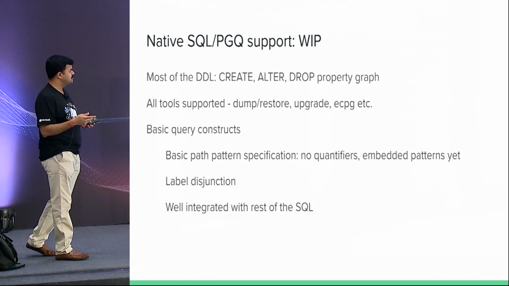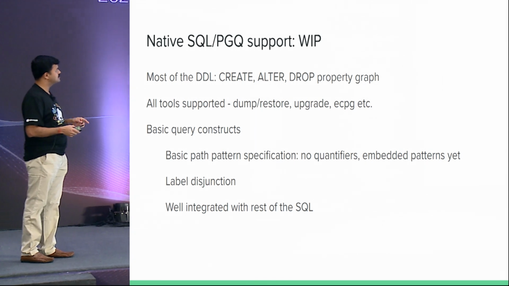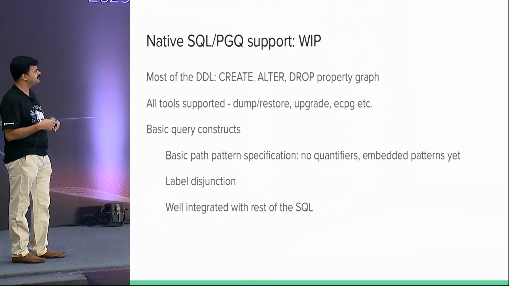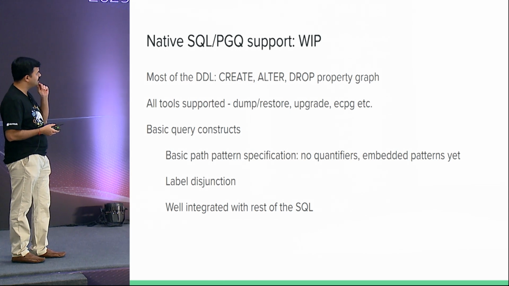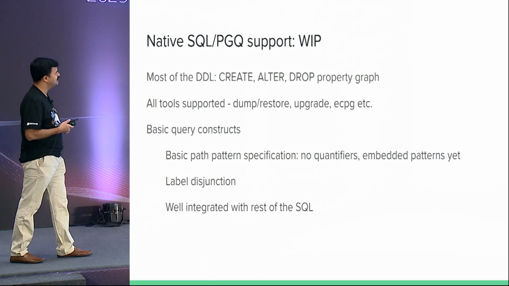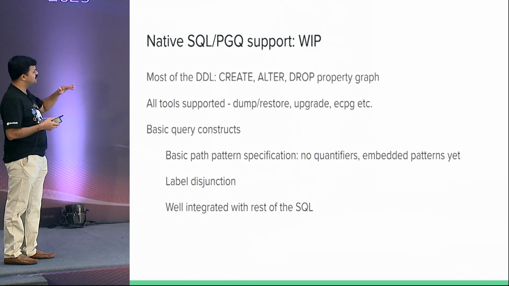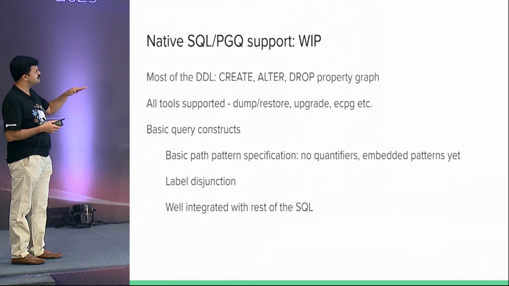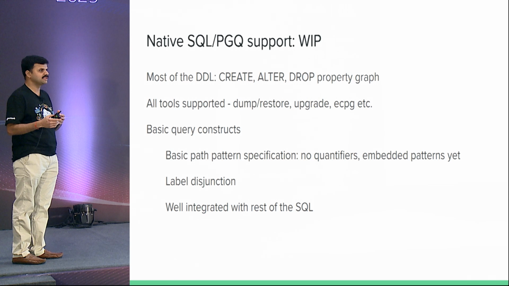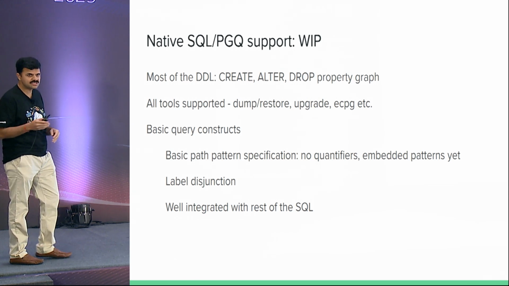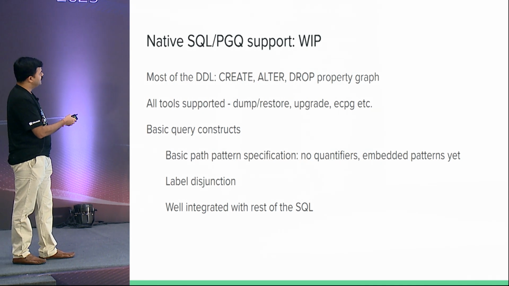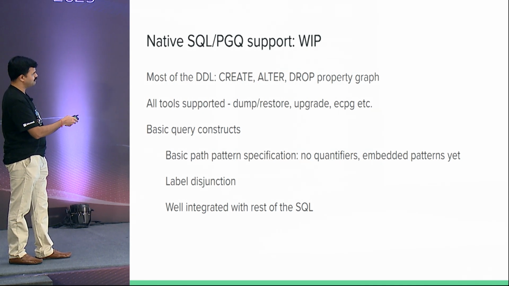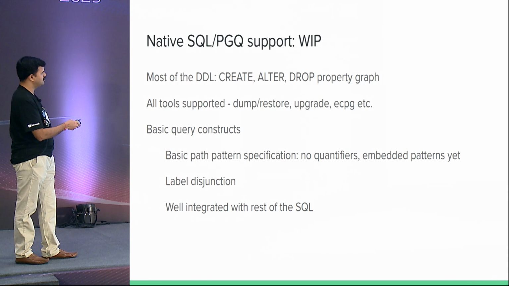What we are doing is we already have a patch on Hackers, which implements most of the DDL: create, alter, drop. It has extended support to all the tools: dump, restore, upgrade, all the tools that you love about PostgreSQL. And in the queries, we have basic path pattern specifications supported.